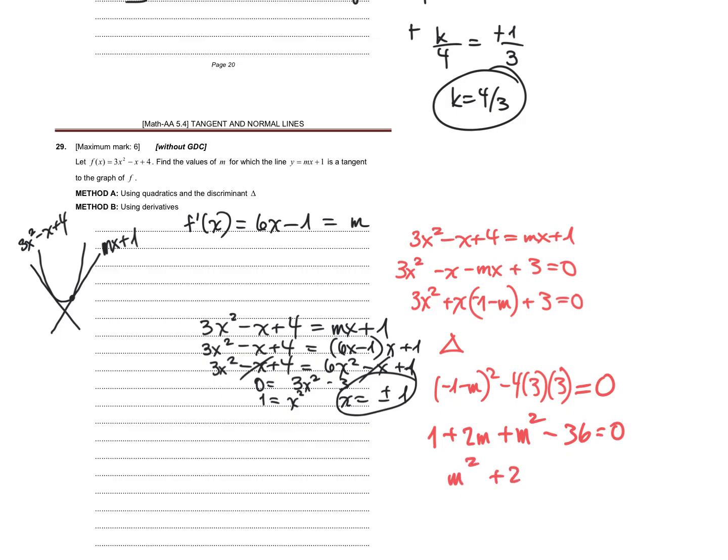So m squared plus 2m minus 35 is 0. M, and 7 and 5. So m is negative, oh gosh, that's not good. M is negative 7 and 5.